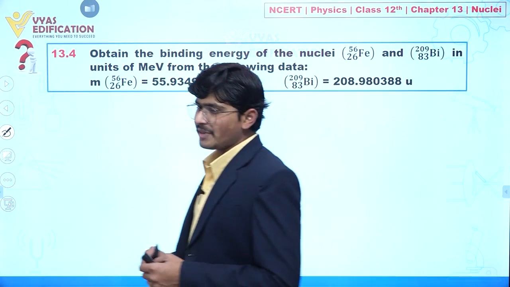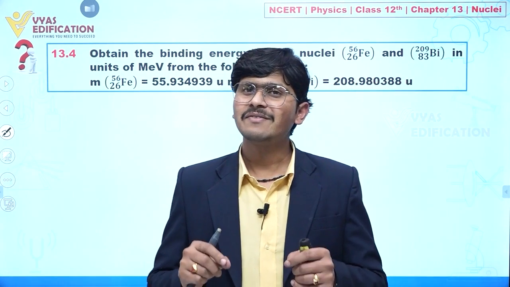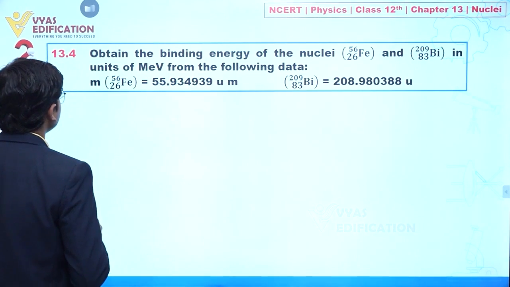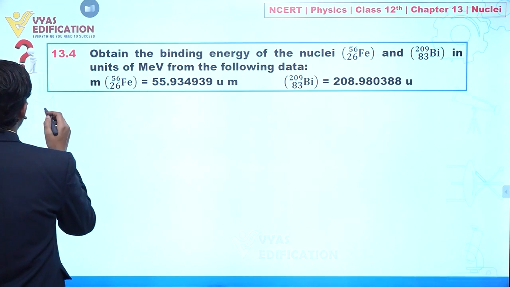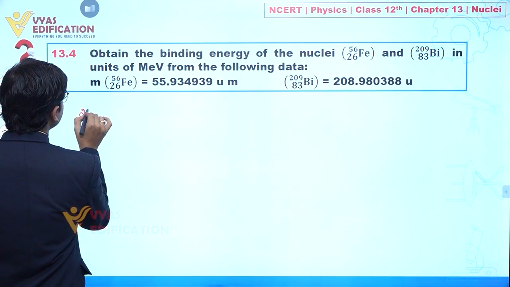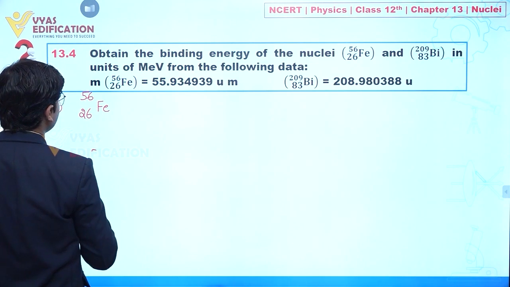So now, whenever I am talking about binding energy, our first objective is to find the mass defect, clear. First, I am talking about number 1, that is iron, clear. So first we are talking about 26Fe56, clear everyone.